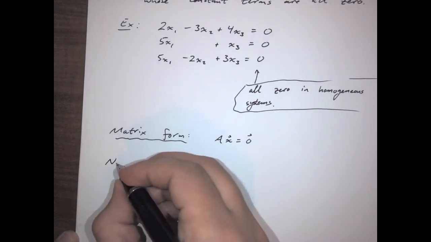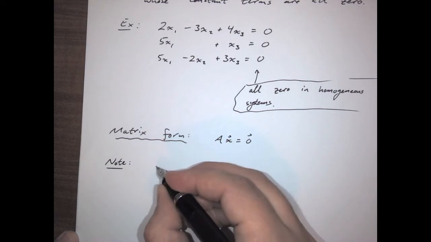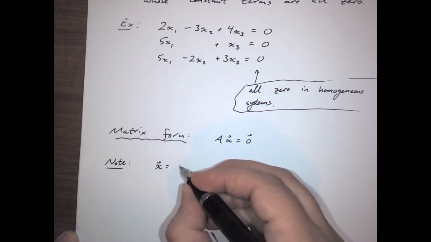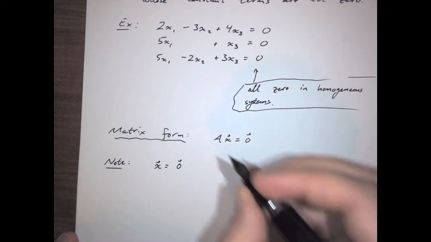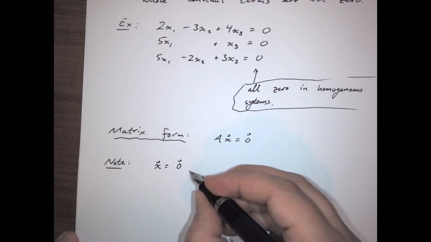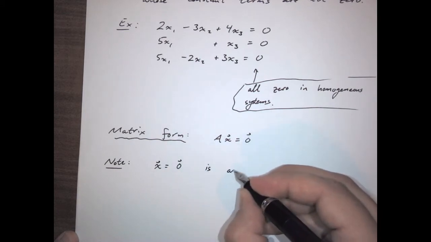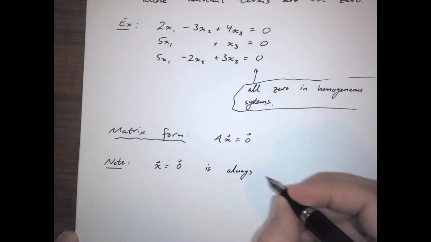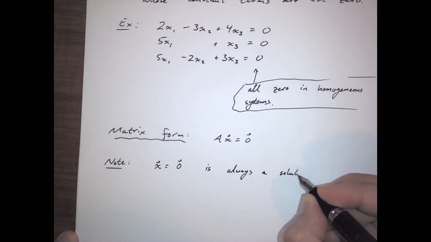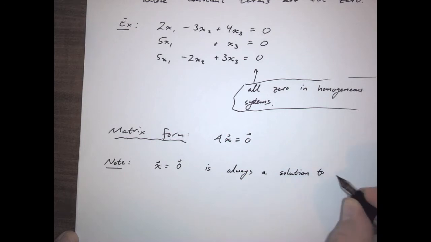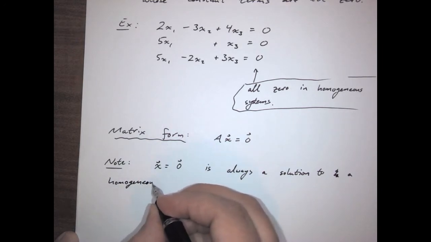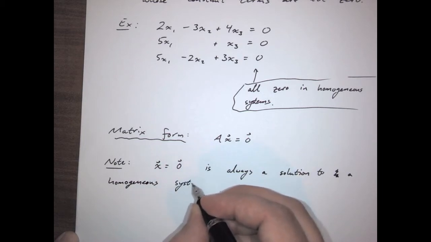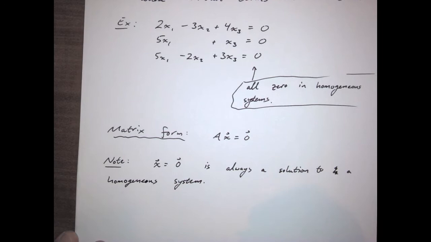So note, if x just equals the zero vector, this is always a solution to a homogeneous system. This is called the trivial solution.